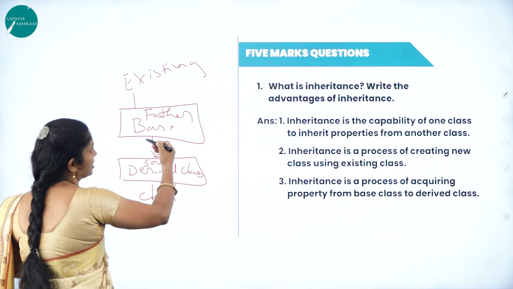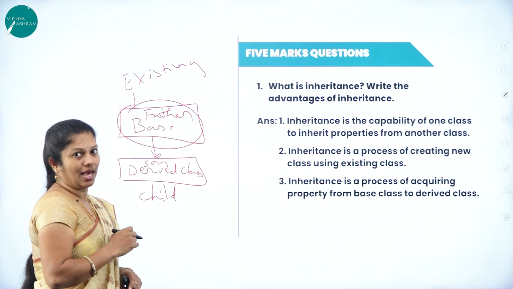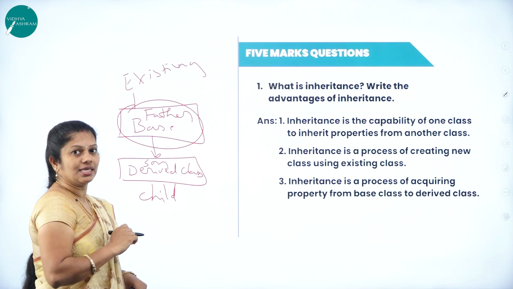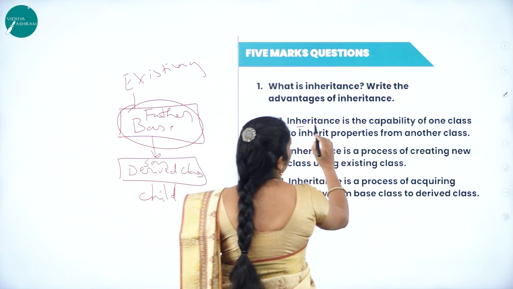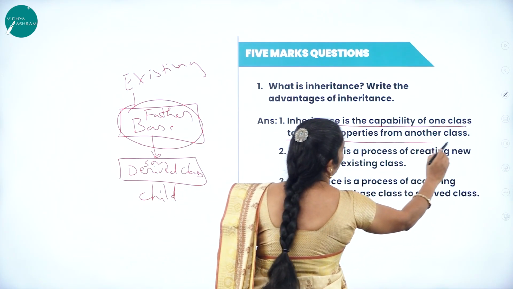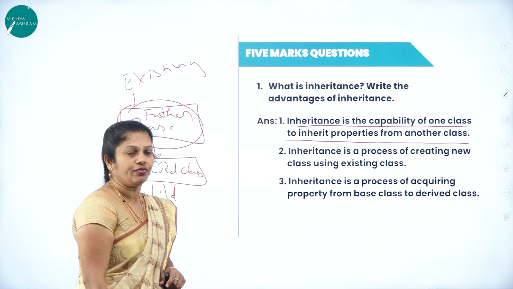What happens is that the properties of the base class are transferred to the derived class, where the base class is the existing class and the derived class is the child class. Inheritance is the capability of one class to inherit properties from another class. This is the main definition of inheritance.